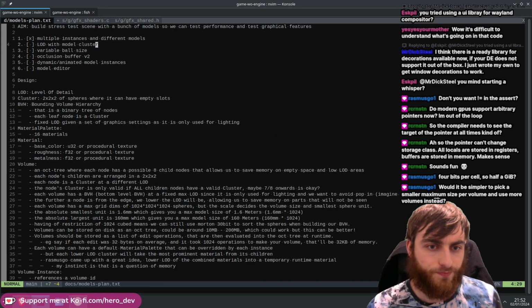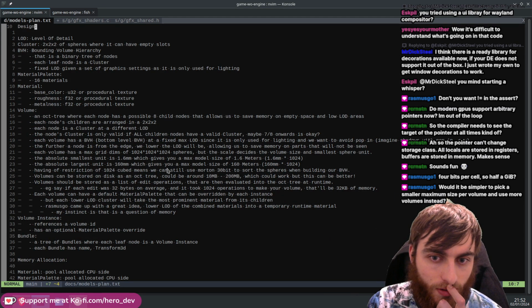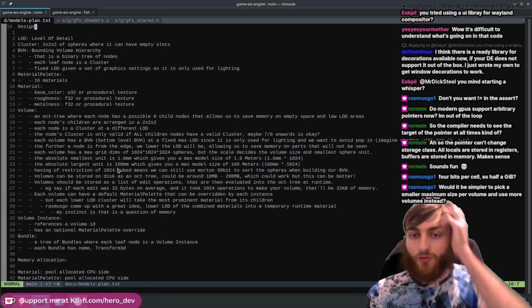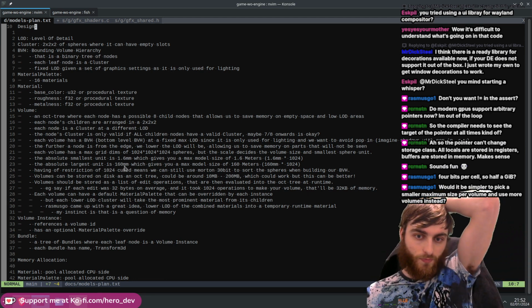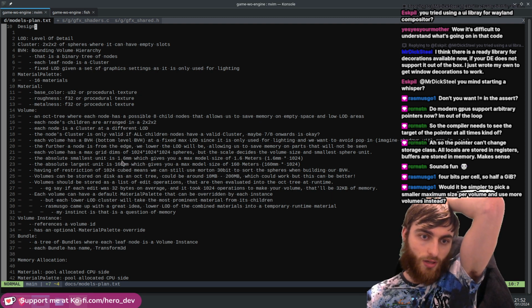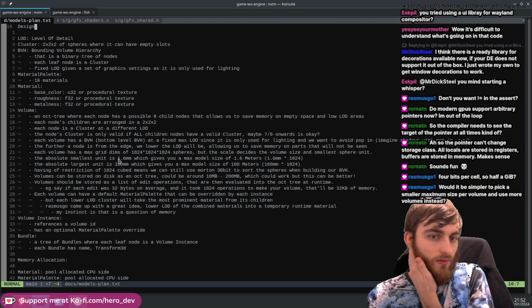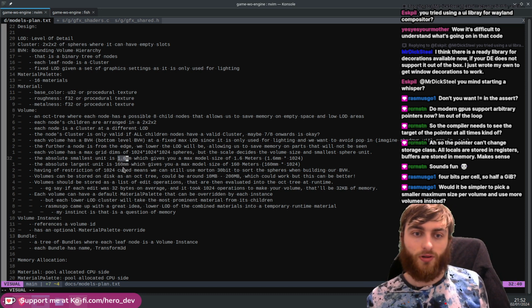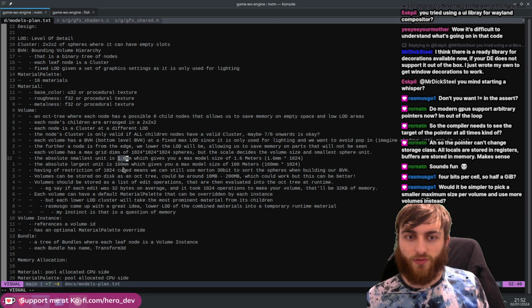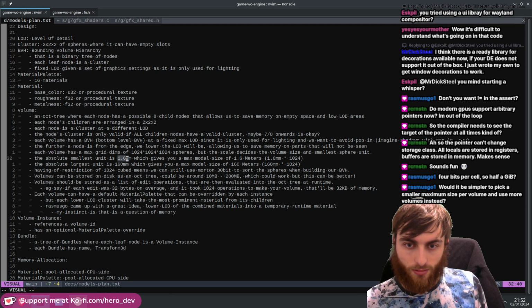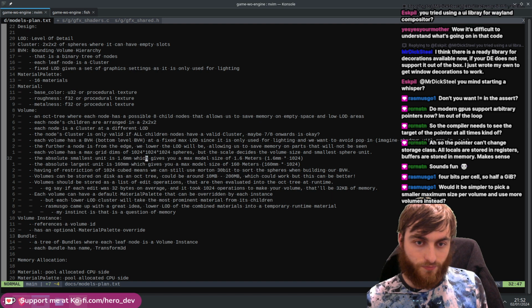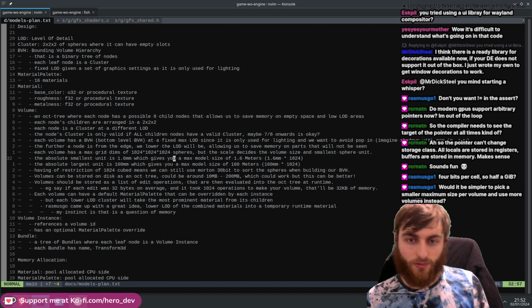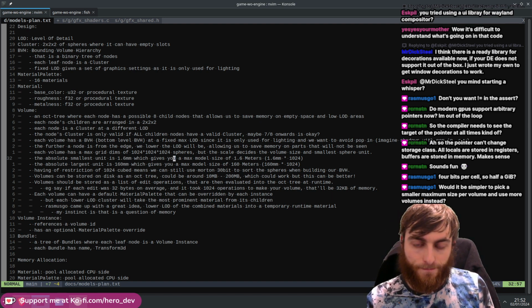It also gives us a range. We can say in the editor, hey, this thing I'm constructing, the smallest unit is 1.6 mil. And that would then mean the maximum is like 1.6 meters of space or something. It gives us this nice big range.